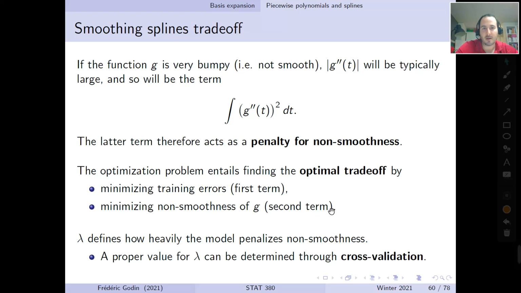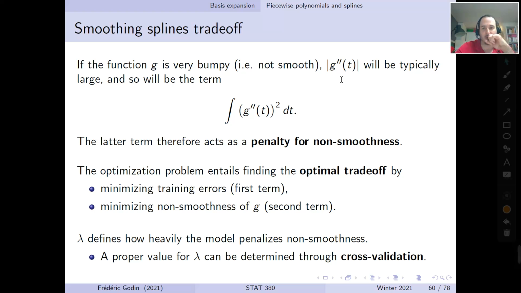As we just said, the absolute value of the second derivative will typically be large if the curve is very bumpy like this, or it will tend to be small if the curve is not bumpy at all.